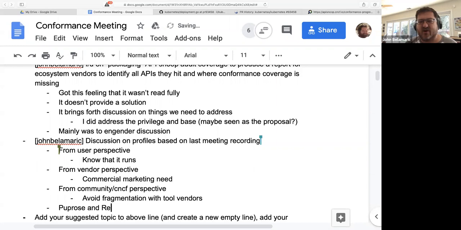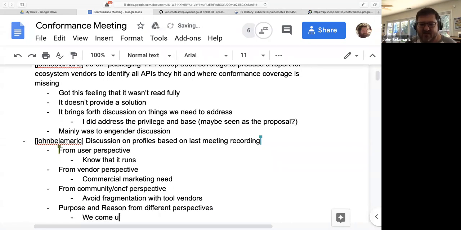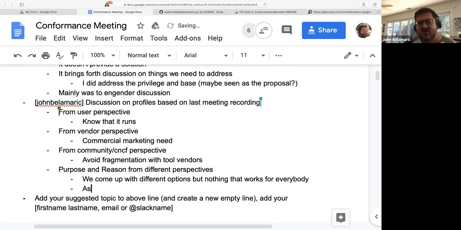I think that's part of the reason we keep going in loops: all of these are valid perspectives and everybody has good arguments. So we're coming up with different options that satisfy different subsets of those stakeholders, but nothing that really works for everybody. And so I think we have to, as a group, decide who are we trying to solve for, or is there a way to solve for everybody?